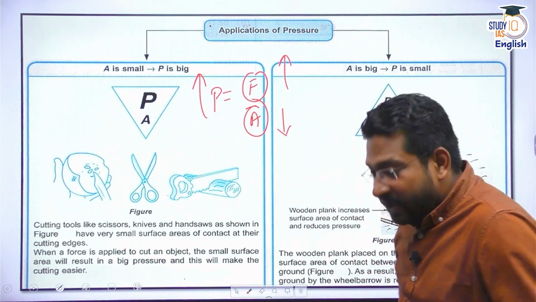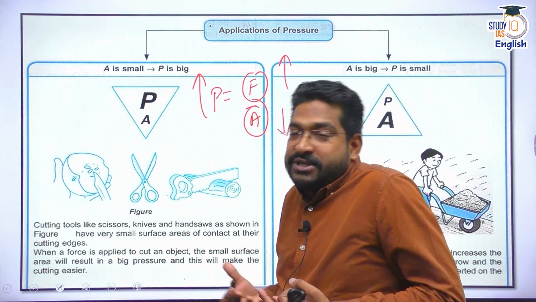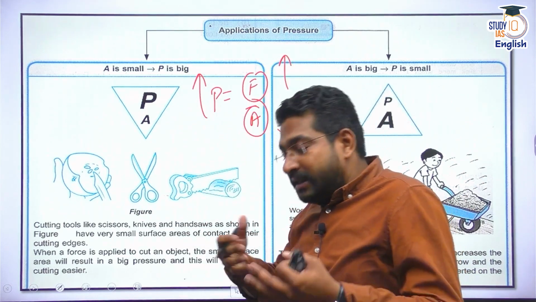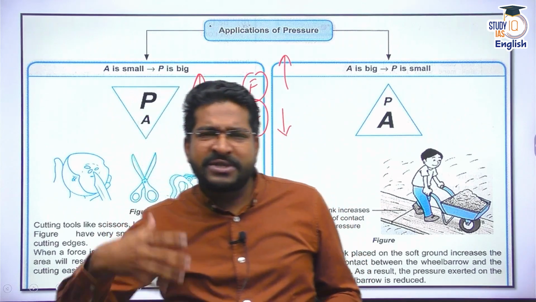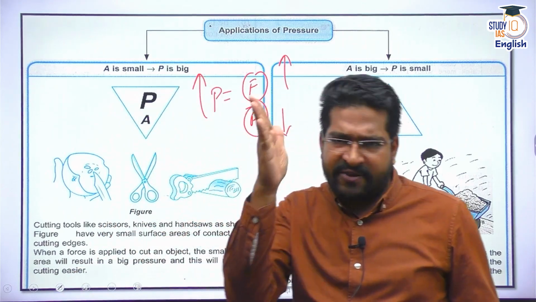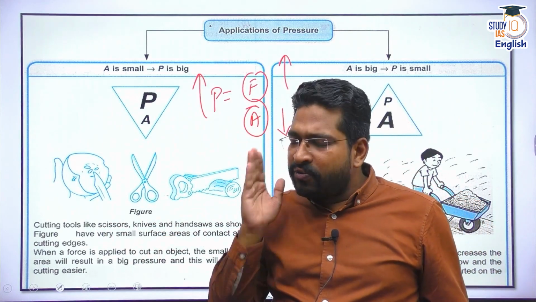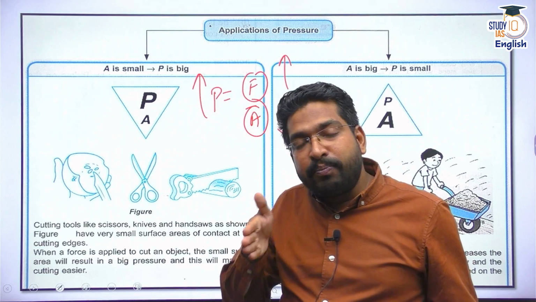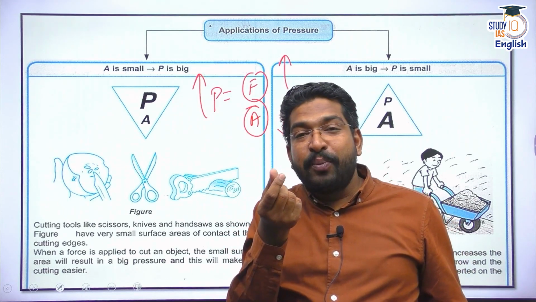That's why I told you, if I carry a bag on my back, probably I can bear more pressure. The same cannot be said for the head. And these examples are very much valid in our day-to-day life. Now you must have seen, you must have taken a knife. Take a knife which is sharp and take a knife which is blunt. Why is it tough to cut with a blunt knife? Because the blunt knife has more area.